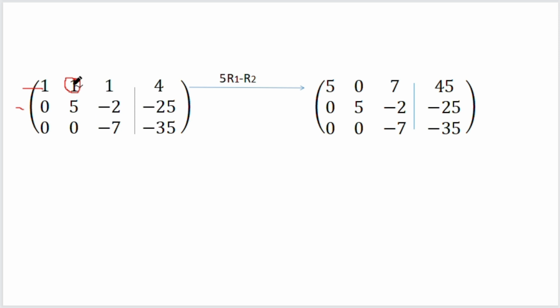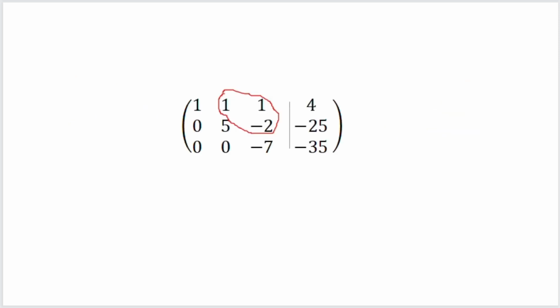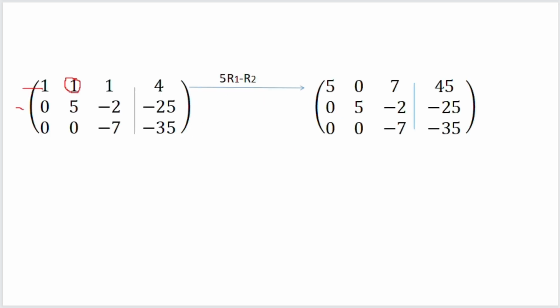These are the elements that I want to make zeros: I'm having 1 and negative 2. To make this 1 a 0, I have to multiply a 5 here so that it becomes a 5, and when I subtract I get a 0. But since I'm using this as reference while aiming at making this a 0, I won't tamper with this.